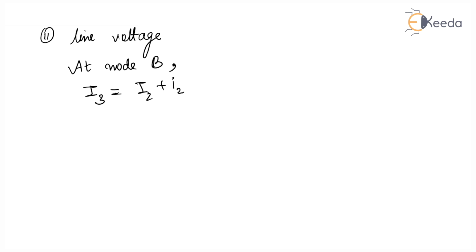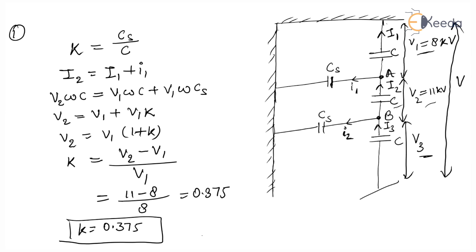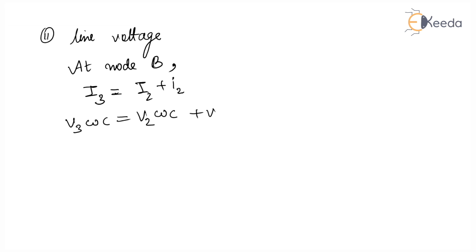We know I3 is equal to V3 into omega C, whereas I2 is equal to V2 into omega C, and small i2 is equal to the voltage between this point and this point, so the total voltage is V1 plus V2, into omega Cs.